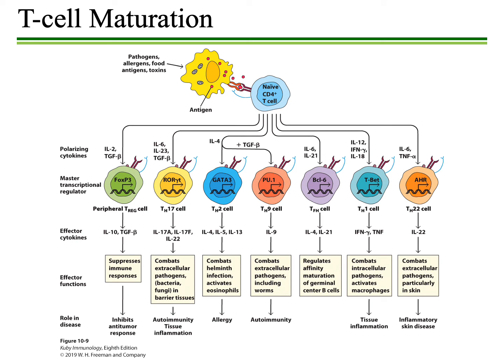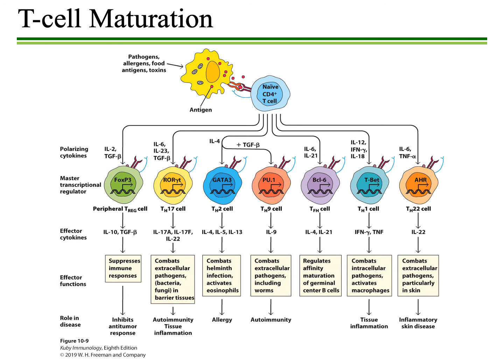If you look down at the very bottom of the slide, you can see the effector functions in the boxes, as well as the role in disease overall. So for example, effector functions of the class 17 helper T cells combat extracellular pathogens, bacteria, and fungi in barrier tissues.